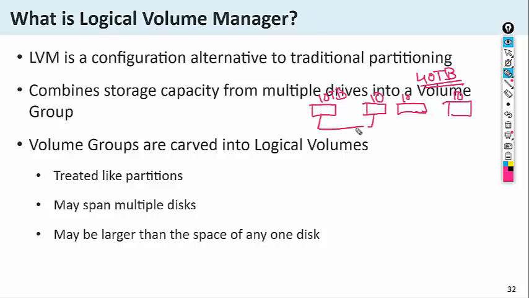So what you will do, you will create a group, because each single hard disk has a size of 10 TB. When you create a group, the group size will be 40 TB. So this is called a logical group or a volume group, VG, volume group.